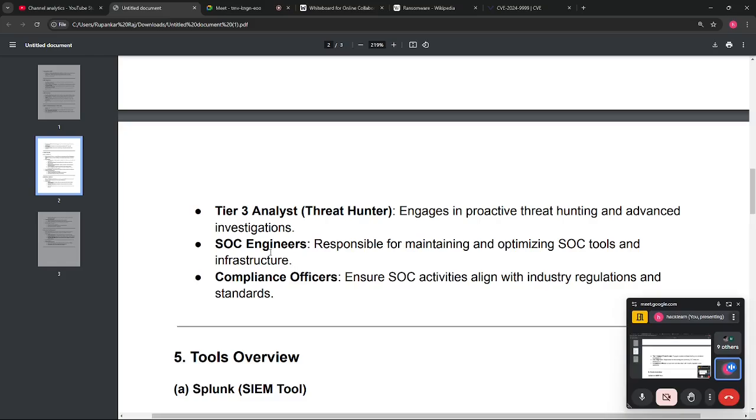After that, we have tier three analysts, who proactively search for all the hidden threats that may bypass automated security tools, whatever tools you are using as a SOC analyst, that might be bypassed using some firewall bypass technique or antivirus bypass technique. A tier 3 analyst, basically known as a threat hunter, has the specific task of focusing on advanced investigation, identifying very sophisticated attacks or zero-day vulnerabilities.